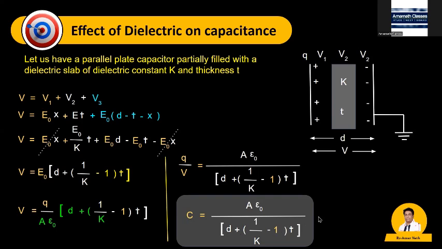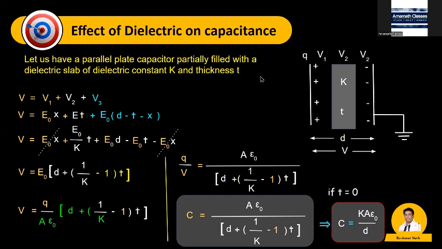But now you see, if I take two situations, say T is 0, okay? T is 0 means there is no dielectric at all. So this term will be vanishing. So A epsilon naught by D will be there.